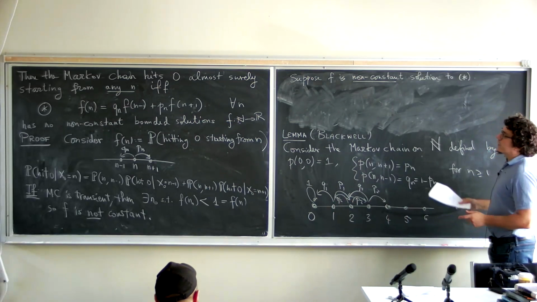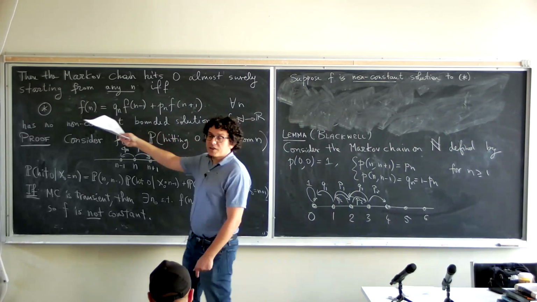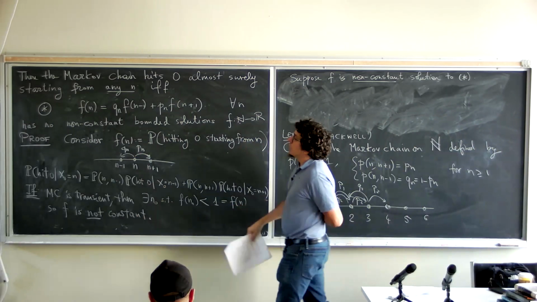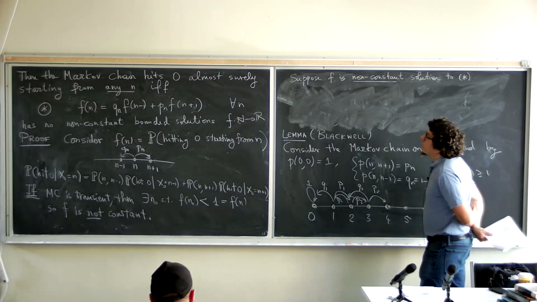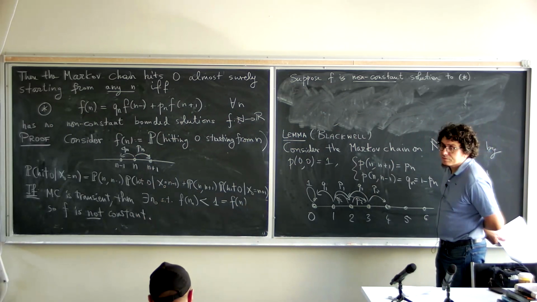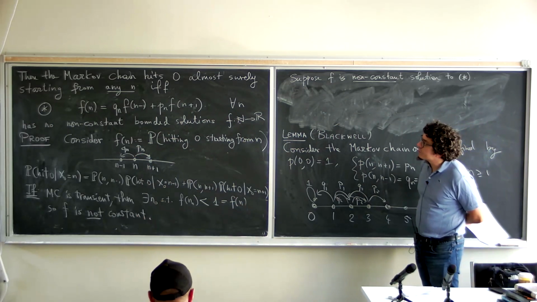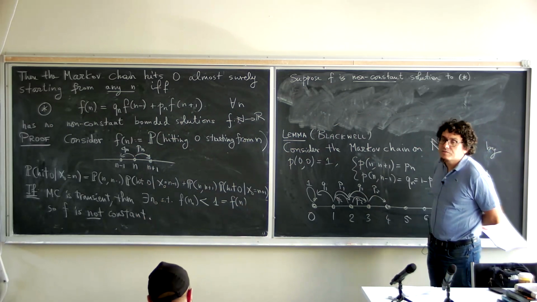And by the way, we can normalize, because remember that the space of functions that satisfies this equation is clearly a vector space, and the constant functions are in that space.